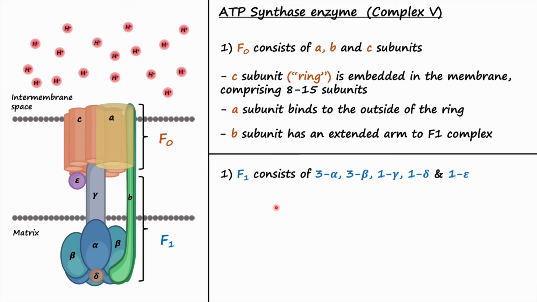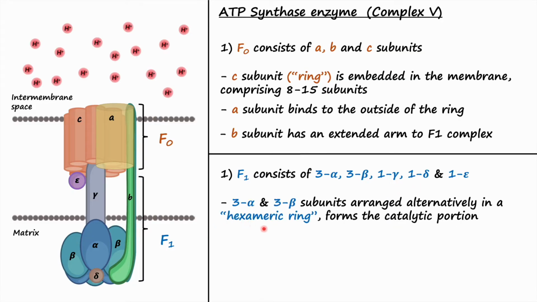Now, the F1 complex consists of 3 alpha, 3 beta, 1 gamma, 1 delta, and 1 epsilon subunits. The 3 alpha and 3 beta subunits are arranged alternately and form a hexameric ring. It is also the catalytic subunit of the ATP synthase enzyme, meaning it catalyzes the reaction to synthesize ATP.